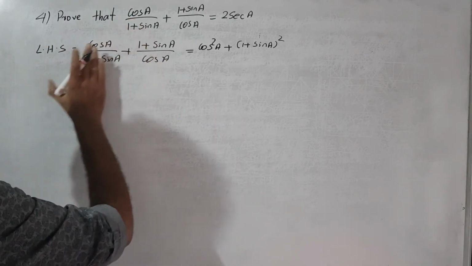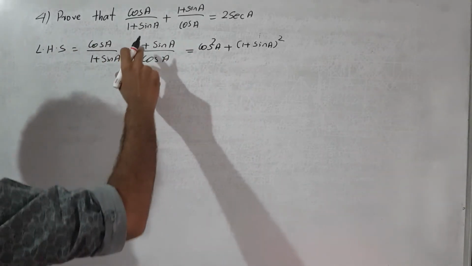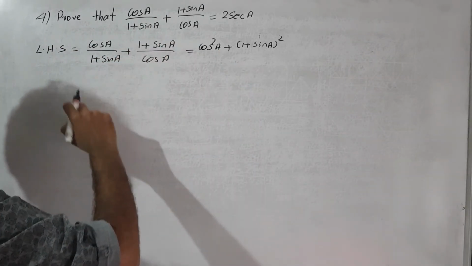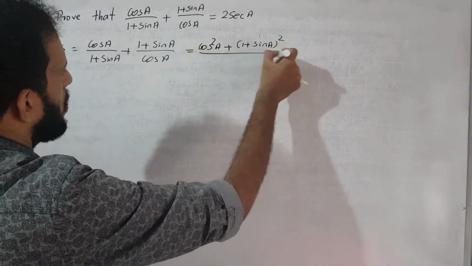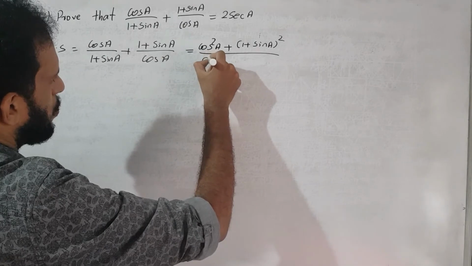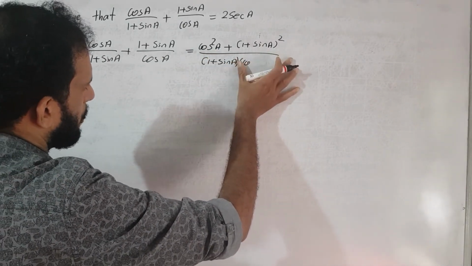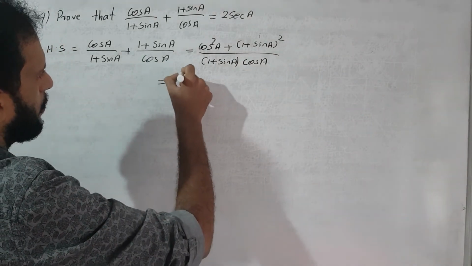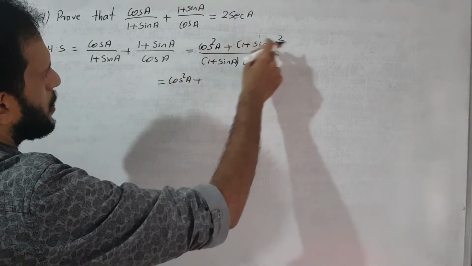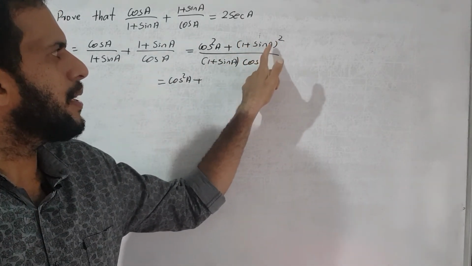Here it is only sin A and here is sin A. Sin A into sin A, how to write? Sin square A. But this one is 1 plus sin A into 1 plus sin A is 1 plus sin A whole square, by 1 plus sin A into cos A. 1 plus sin A into cos A is equal to cos square A plus, this one is very clear, in the form of A plus B whole square.